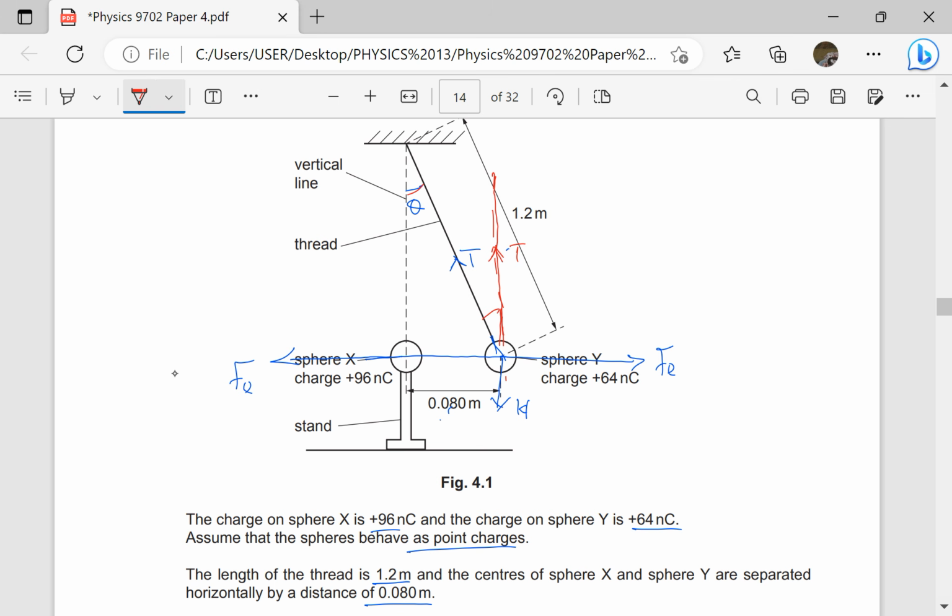This component is going to be T cos theta. So T cos theta is equal to the weight downwards. Then the tension also has a component in the horizontal, which acts on this same sphere. It is going to act in this direction, and this component is going to be T sine theta. And T sine theta will balance with Fe if the sphere Y is in equilibrium. So we have two equations. T cos theta is equal to the weight, and T sine theta is equal to Fe.